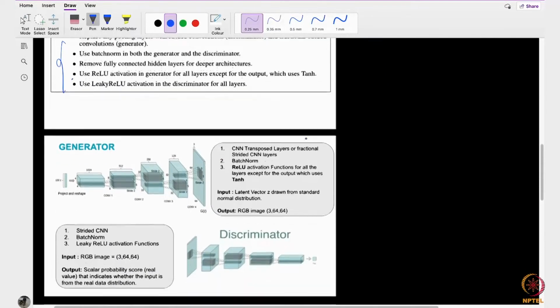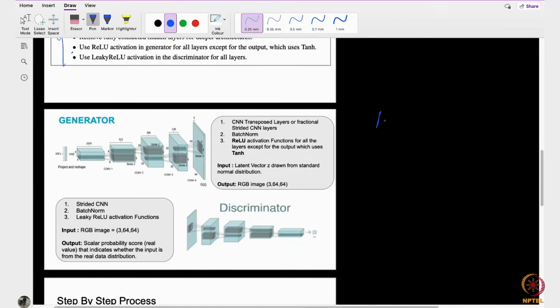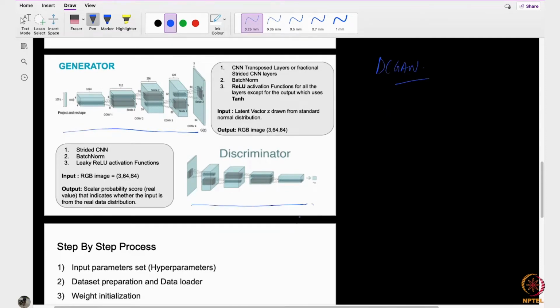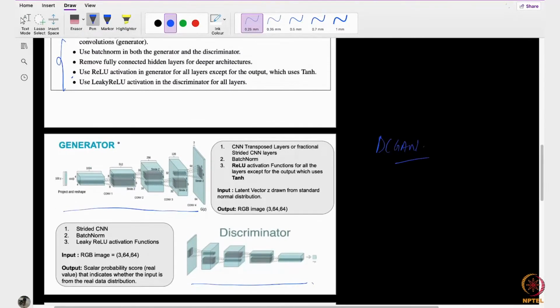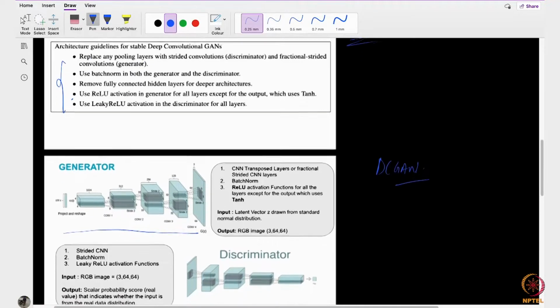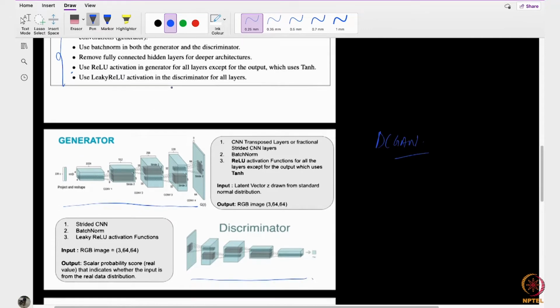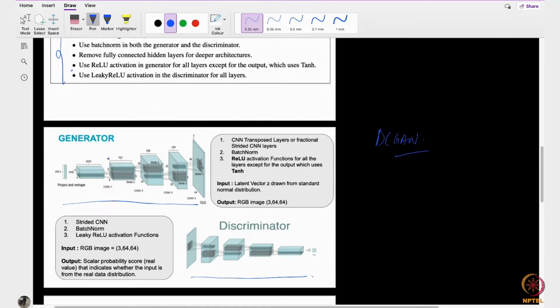Now if you observe clearly, in this entire DCGAN algorithm, the generator will be like this, whereas the discriminator will be like this. Go to the first point: replace any pooling layers with strided convolutions in the discriminator and fractional strided convolutions in the generator. Here, generators and discriminators will contain only CNN layers.